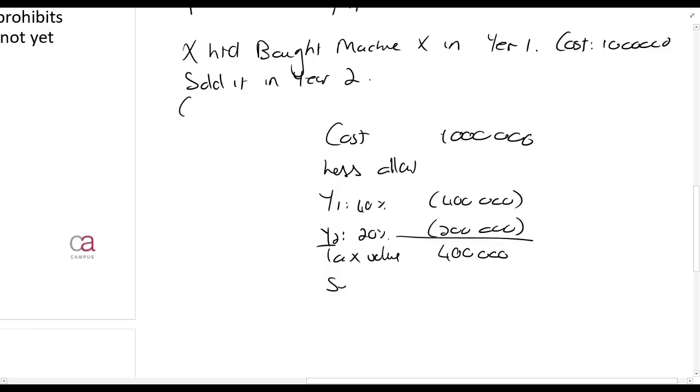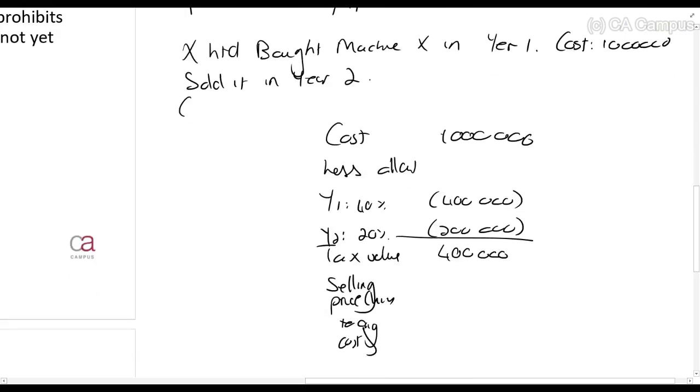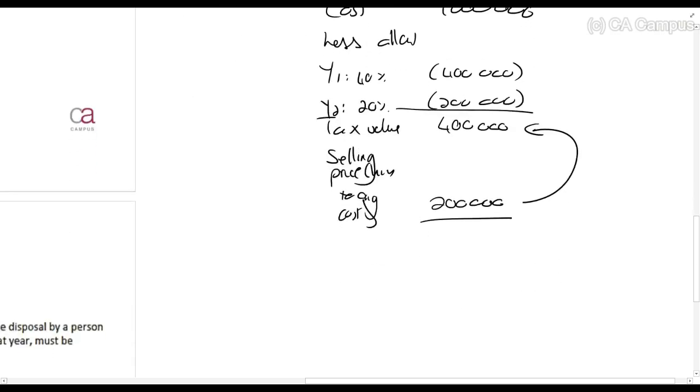The selling price is limited to original cost. At this point, when we first sell it, we sell it for 200,000 rands. So 200,000 minus 400,000 gives us a 200,000 rands amount.